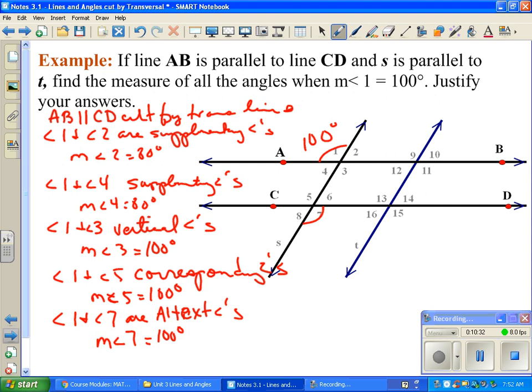So now let's move to angle 8. Now angle 8 and angle 1 definitely do not look the same size. Not only that, but angle 8 is on the same side of the transversal as angle 1, and they're both outside of these two parallel lines.